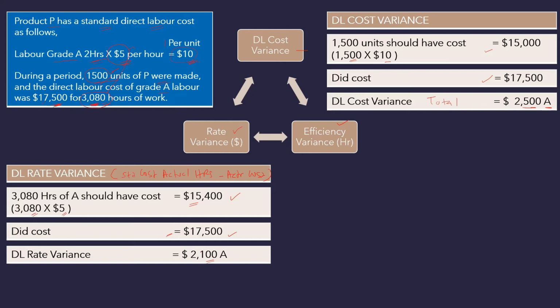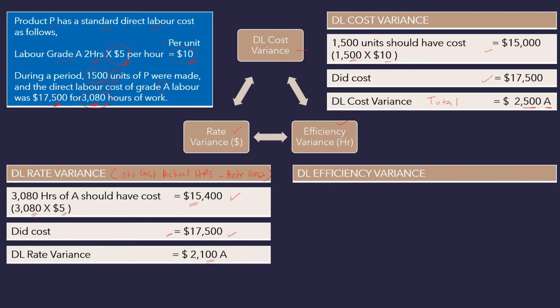Now let's move on to the efficiency variance. Basically, the efficiency variance compares the standard hours with actual hours. So how efficiently the hours were used, this is what we need to calculate here.